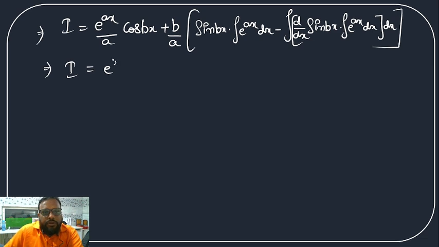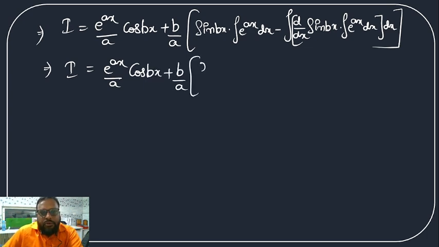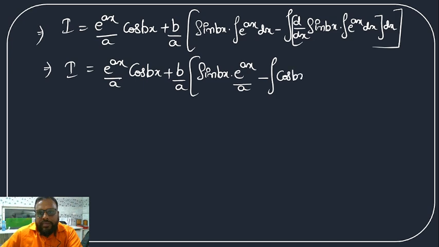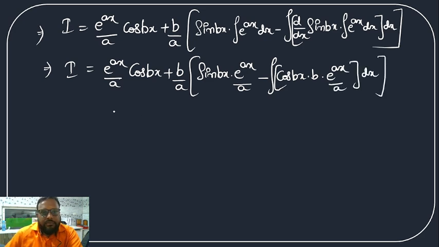So this part will be I equal to e to the power of ax by a cos bx plus b by a into sin bx into e to the power of ax by a, minus integration of the derivative of sin bx, which is cos bx into b, into the integration of e to the power of ax, which is e to the power of ax by a dx.